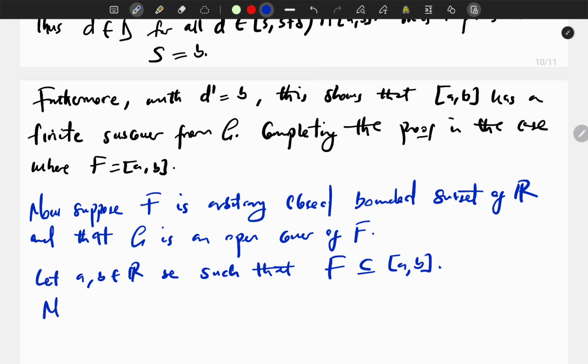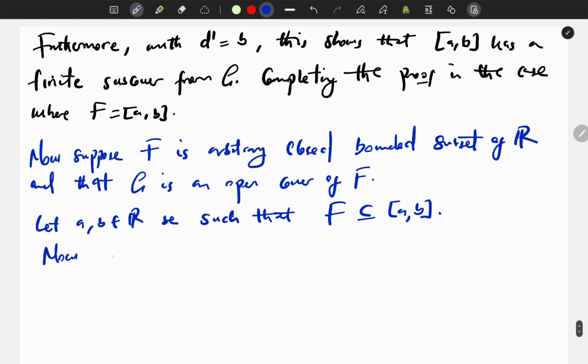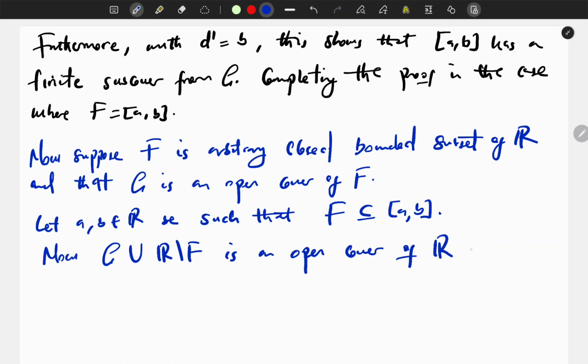So now we can construct an open cover: union of C union R take away F, and this is an open cover of R. Okay, and hence if it covers R, obviously it should also cover A comma B, right?